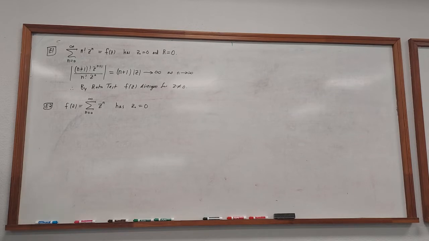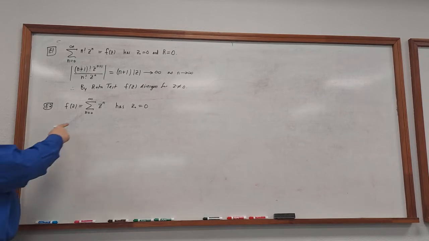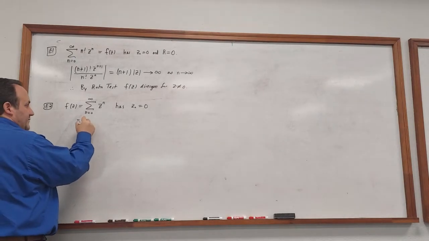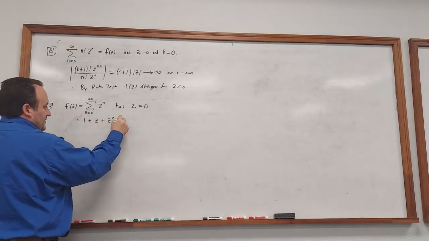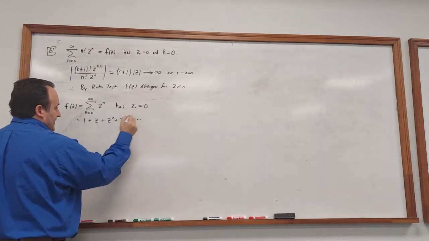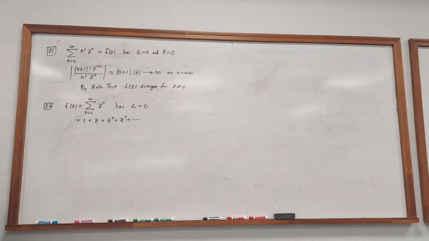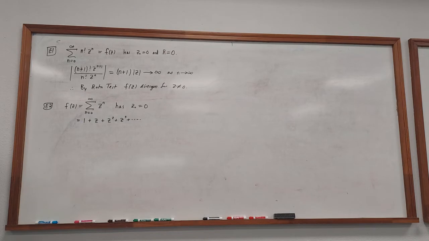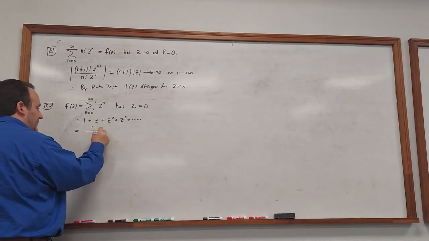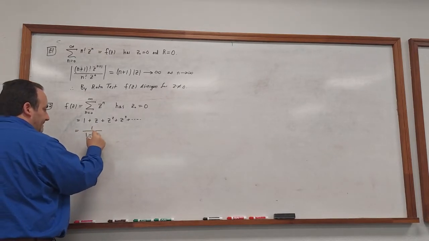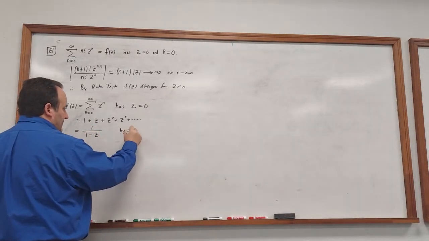Well, let me be a little sneaky here. If you write it out, this is 1 plus z plus z squared plus z cubed plus and so on. You should recognize this. This is the geometric series with a equals 1 and r equals z. So this is equal to 1 over 1 minus z by the geometric series.